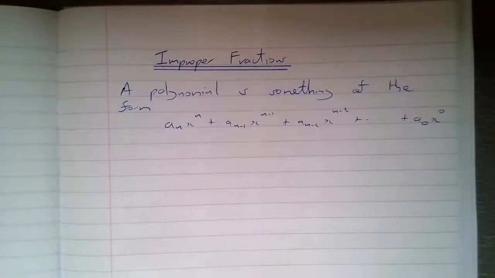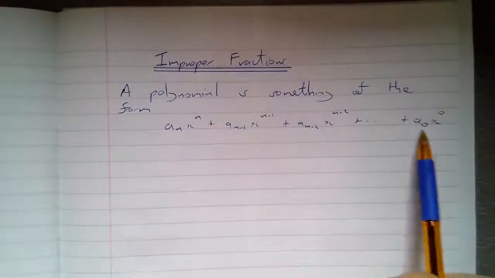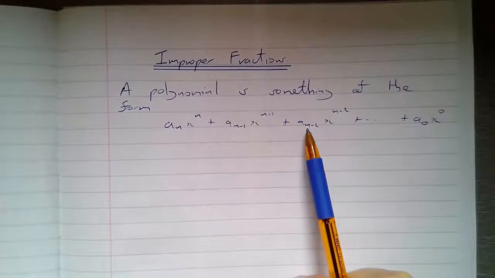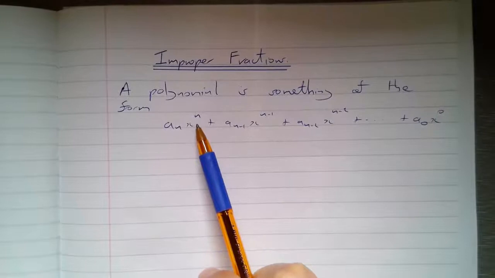In other words, a polynomial is something which has x terms with some power, and that x term has a coefficient in front. An is the coefficient of the xn term.